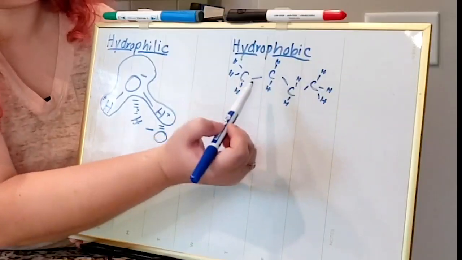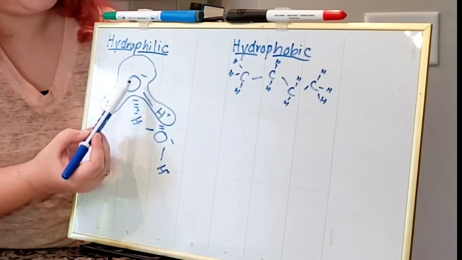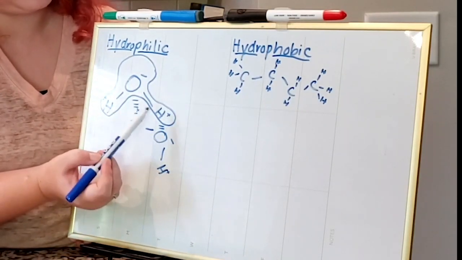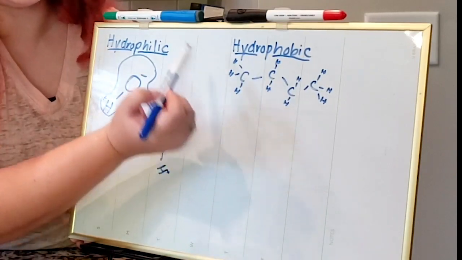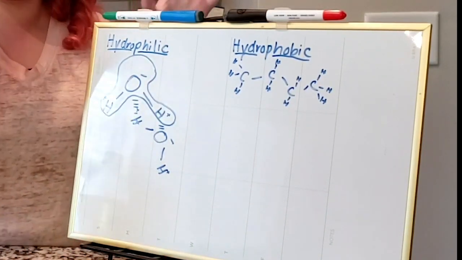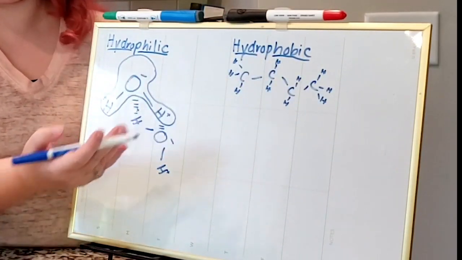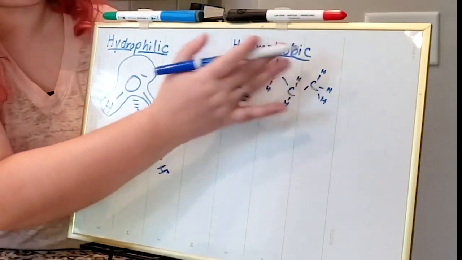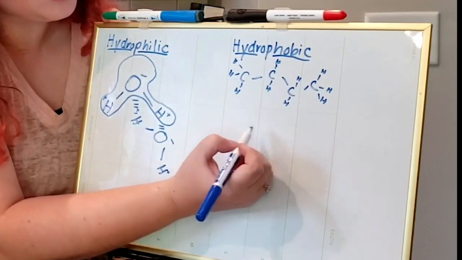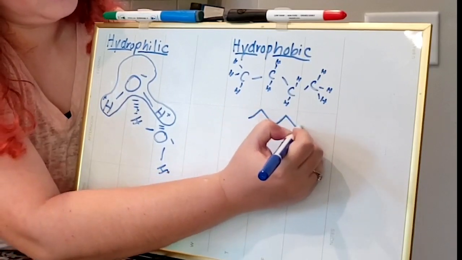What happens with its electron cloud is it doesn't have this pull like the water molecule does. All the carbons and the hydrogens share electrons evenly, so there is no positive and negative end of this molecule. It's all pretty neutral because it's all dispersed amongst the entire molecule. For simplification, I'm gonna draw it like this.